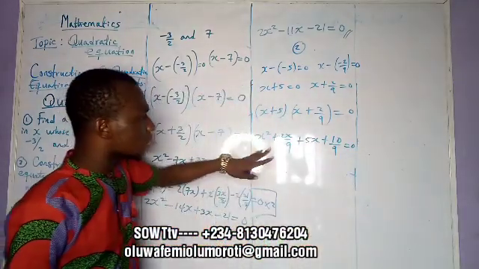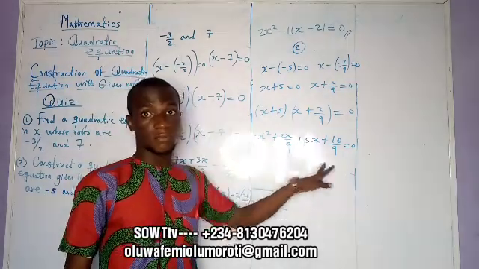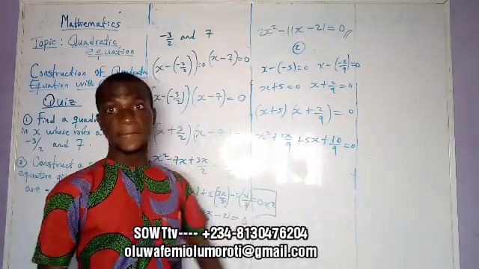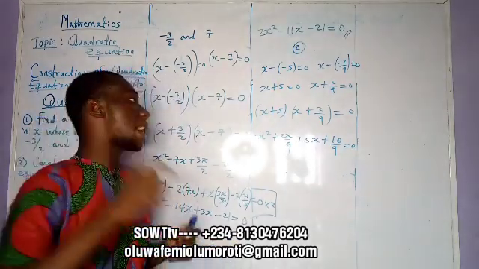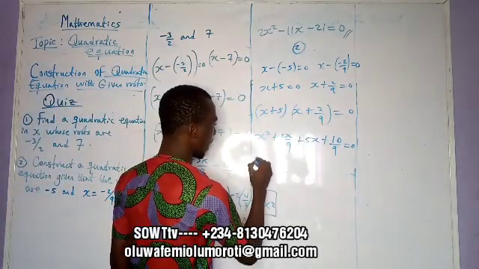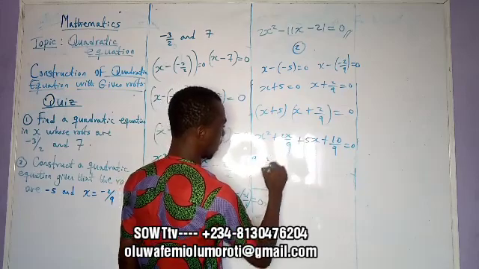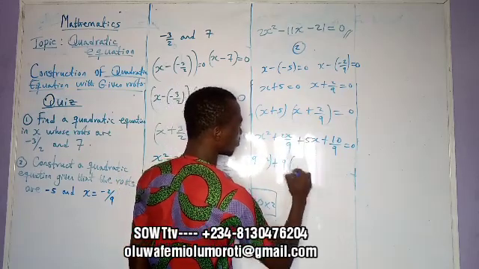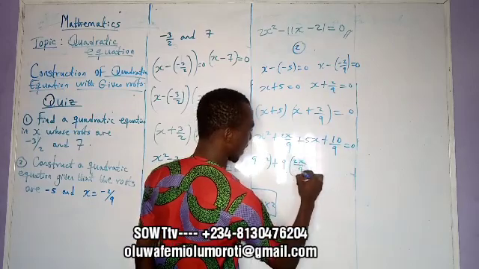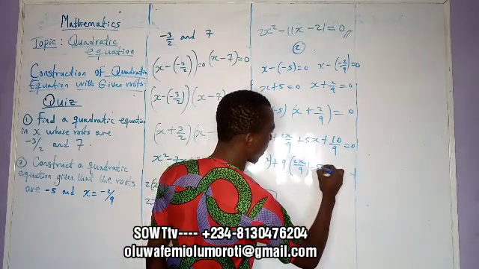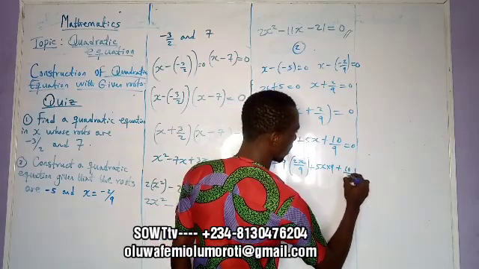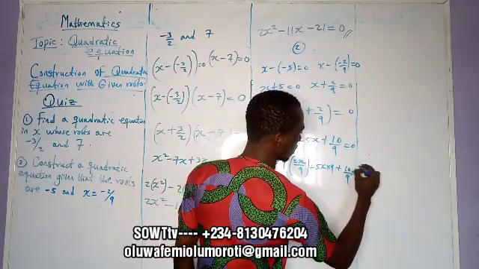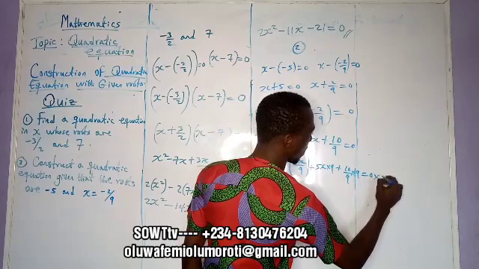You see that we have the same denominator, 9, 9. So just multiply all through by 9. So we have 9 into bracket of x squared plus 9 into bracket of 2x over 9 plus 5x multiplied by 9 plus 10 over 9 multiplied by 9 equal to 0 multiplied by 9.